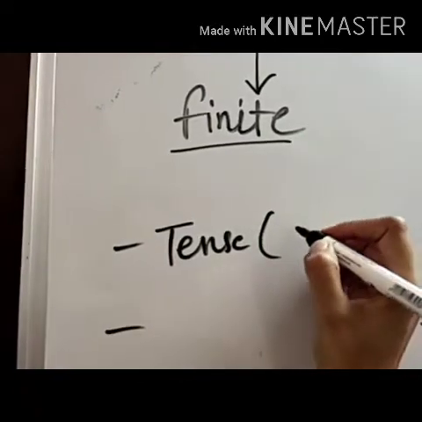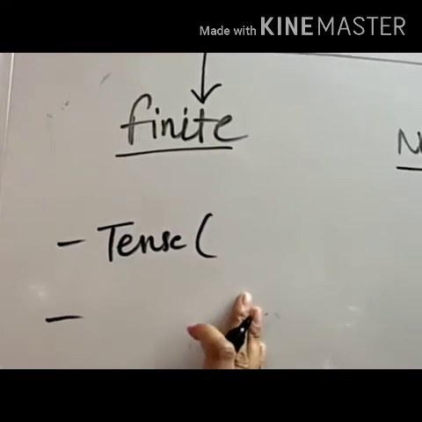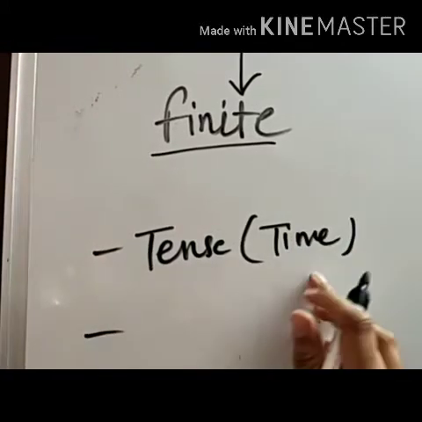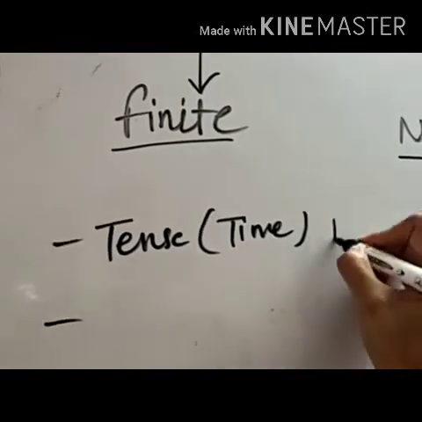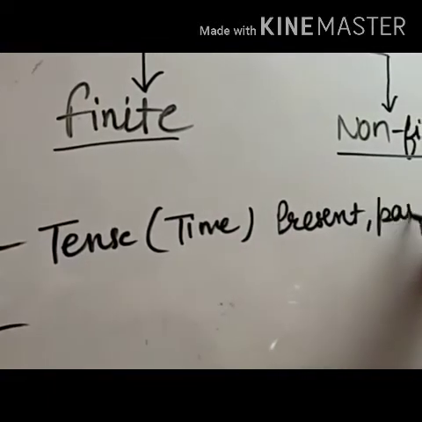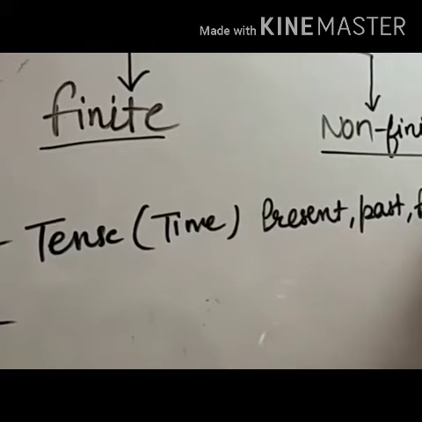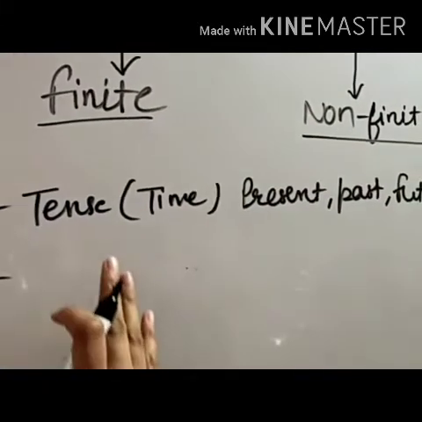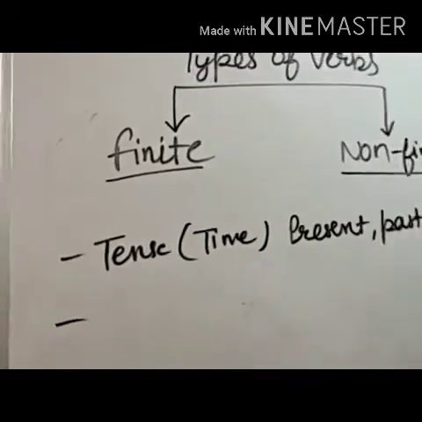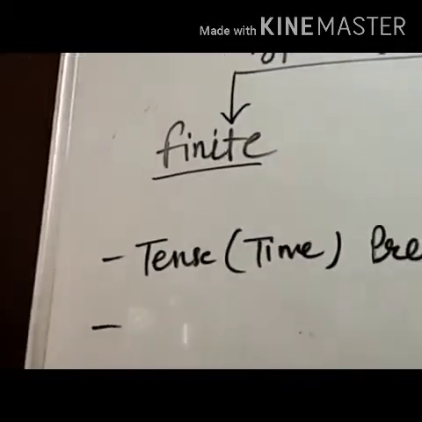Tense, those verbs which change according to tense. Tense means time, according to time: present, past and future. When we want to change the verb according to the time.